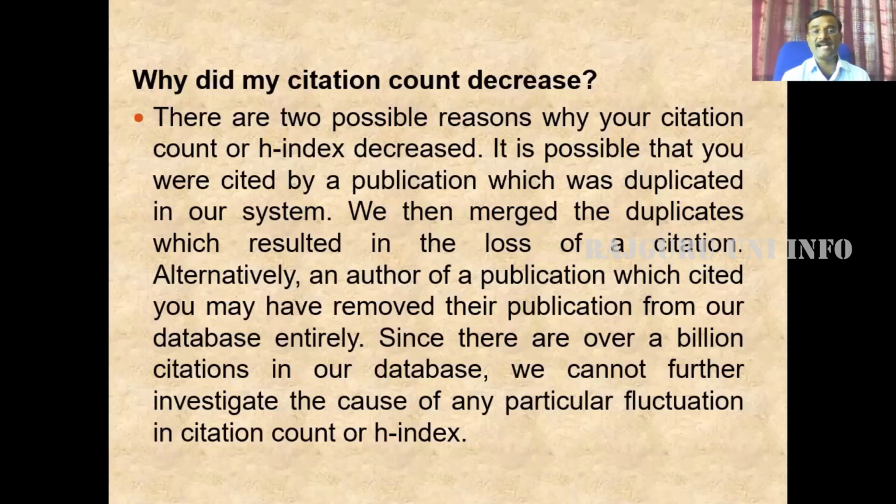And also, when an author of a publication removes a cited article from his publication database, then automatically the citation count decreases. So we should see that there are no duplications and no eliminations.